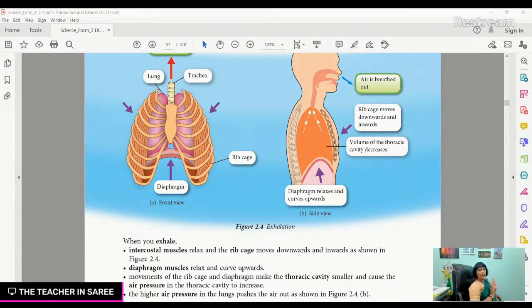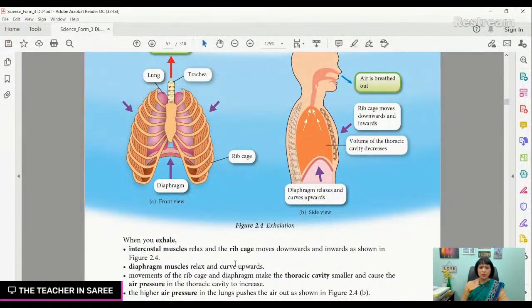When you inhale, your rib cage will go up like that. When you exhale, your rib cage will come down like that. If you don't believe me, you go watch yourself in the mirror. This is what teacher said. I'm telling the truth, you know.